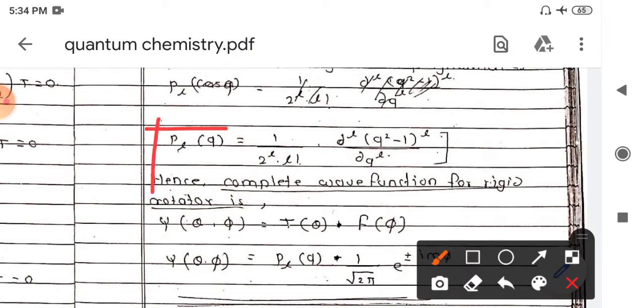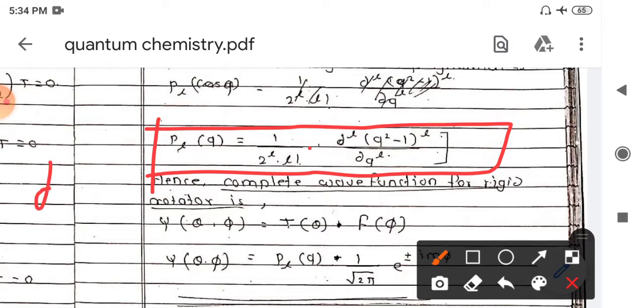Legendre's polynomial is simply P_L of q equals 1 by 2 raised to L into L factorial into the Lth order derivative. Here you can see d1 is the first order derivative. For second order derivative we simply put d2 upon dx square.